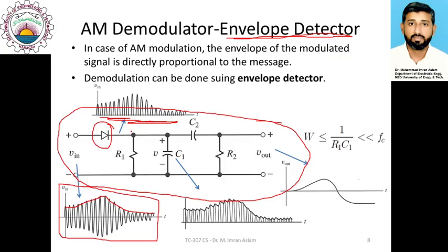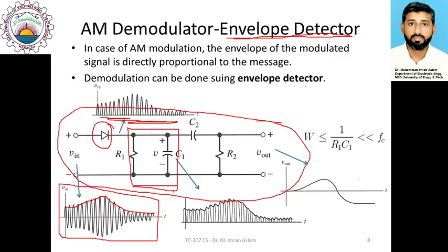These positive cycles are passed through this RC filter here. You can see that this is an RC filter, which works as a holding circuit, because we know that the capacitor can hold charge and it cannot discharge instantaneously.